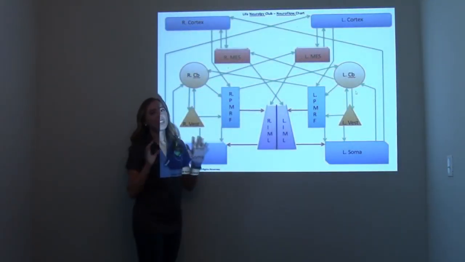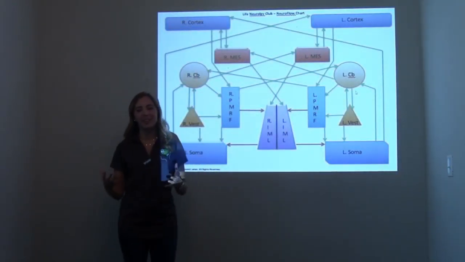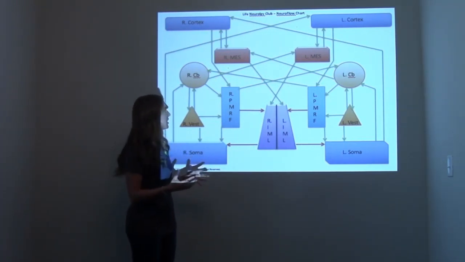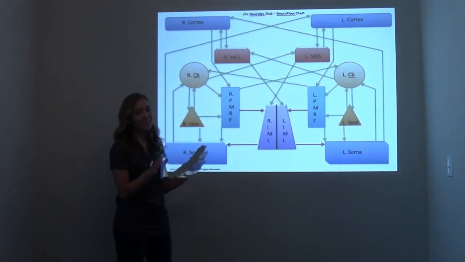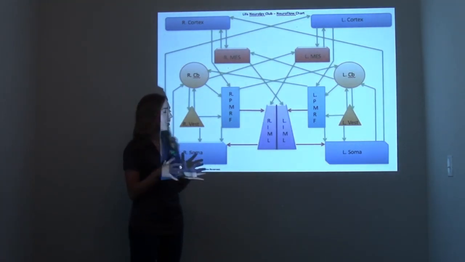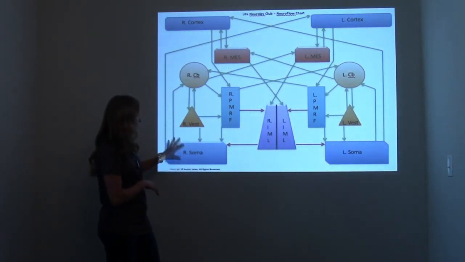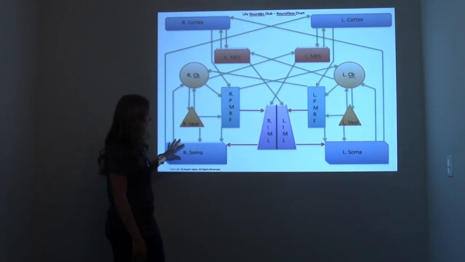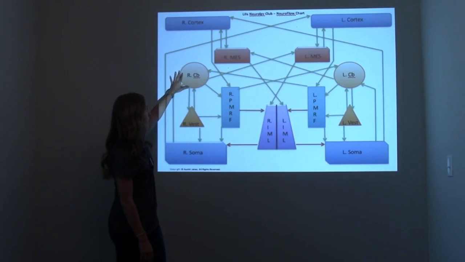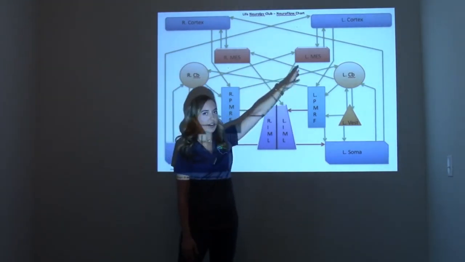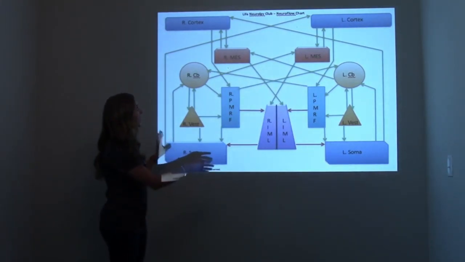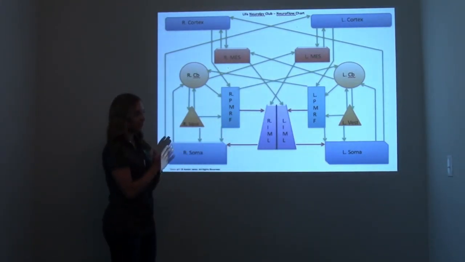So this is the big picture of where we're going with club this quarter. This is what we want you to understand, these functional connections and loops in the brain. So don't be scared of this picture because you actually know more than you think. We've already gone over soma, so that ipsilateral body connection to the ipsilateral cerebellum, and we've been talking about this connection between the ipsilateral cerebellum and the contralateral cortex. So you already know 3 big pieces of this chart.